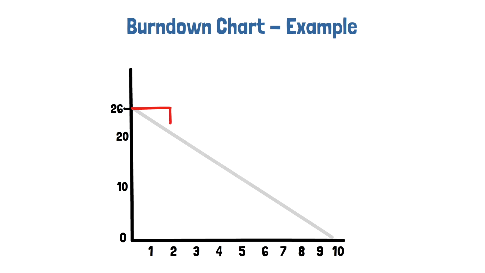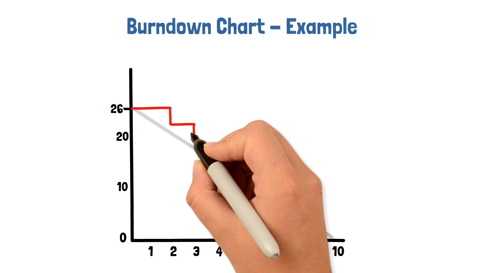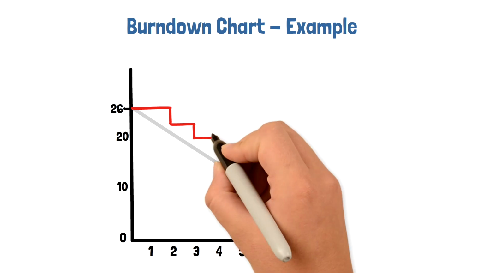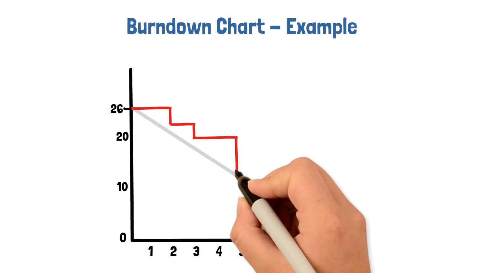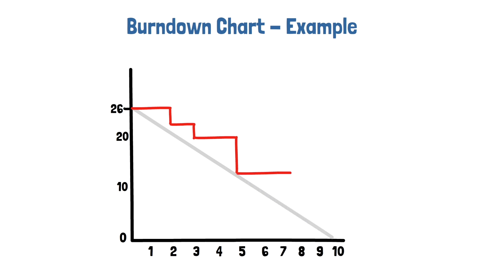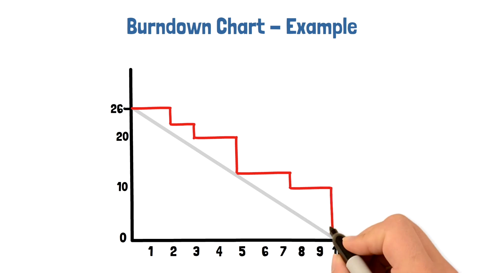Assuming our user stories are estimated in story points, the story point value that a user story is given or assigned, when the story is completed, the burndown chart will go down by the same value. If a 2 story point user story is completed in our sprint, our burndown line will go down by 2 story points, and the remaining work should show 24 story points on the left side of the chart.